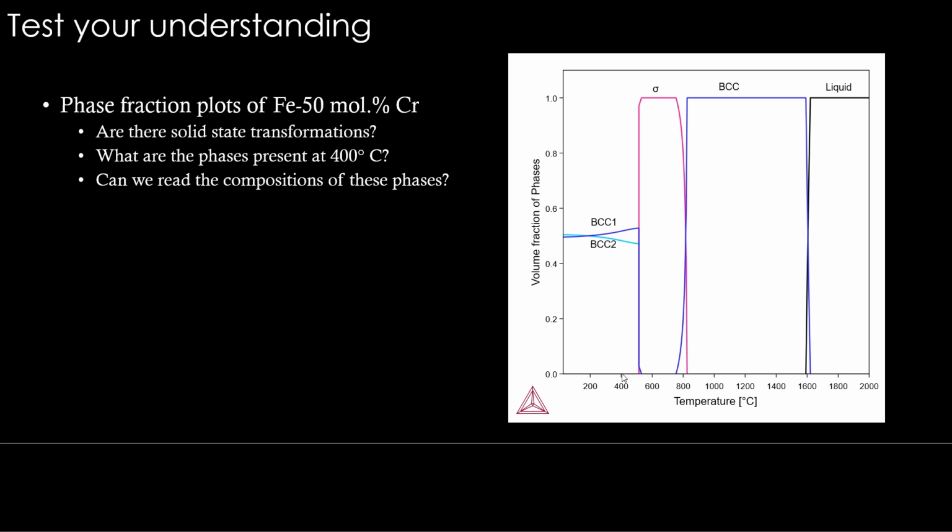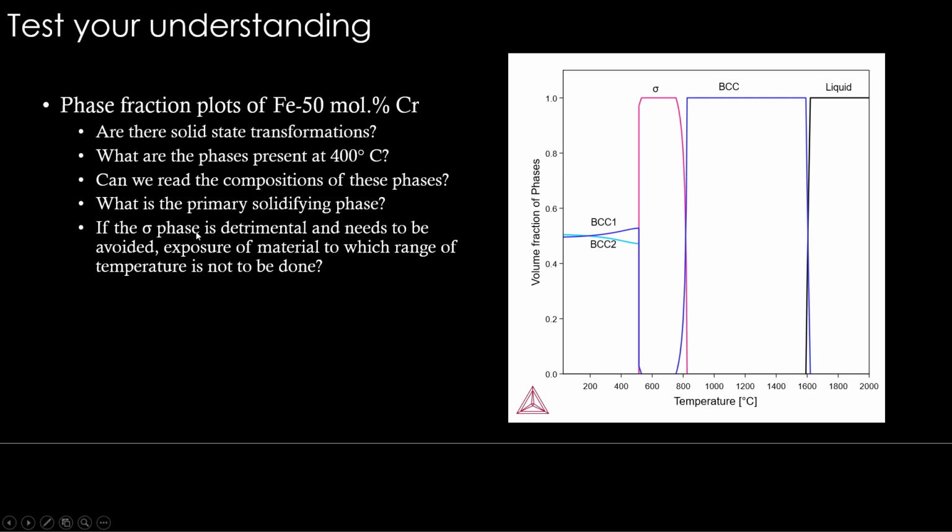Can we read the compositions of these phases from the phase fraction plot? Think about that. What is the primary solidifying phase? Primary solidifying phase means the phase that appears just after solidification begins. From the liquid, which phase appears? That's the meaning of primary solidifying phase.